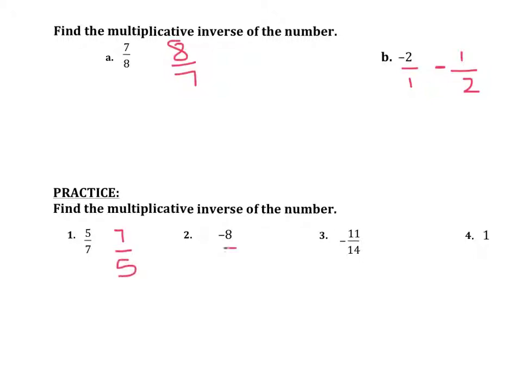The multiplicative inverse of negative 8 all over 1 is going to be negative 1 all over 8. The multiplicative inverse of negative 11 all over 14 is going to be negative 14 all over 11. And the multiplicative inverse of 1 is going to be 1 all over 1, equaling 1.